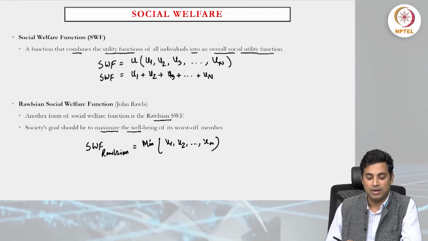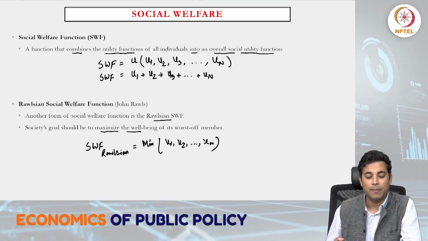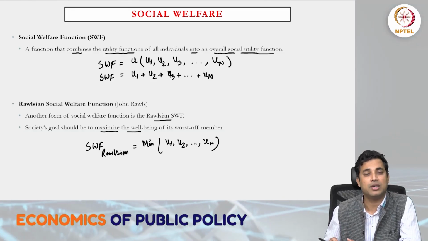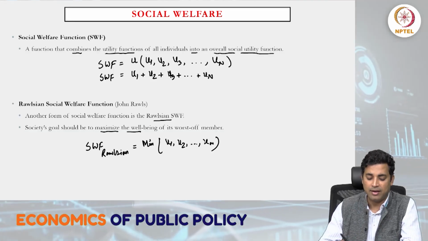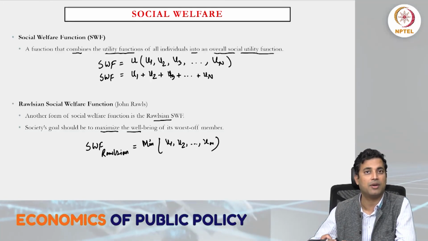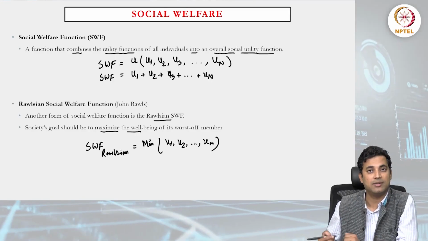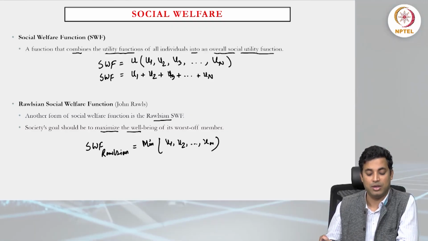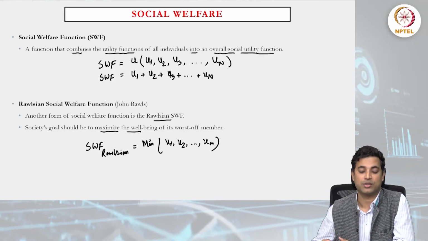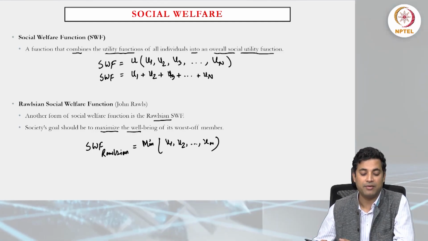That is the Rawlsian way of defining social welfare functions, whereas the general social welfare function is basically the summation of the utility of all the individuals in the society. In the case of Rawlsians, if we draw from the idea of Pareto efficiency, it is basically the utility of the worst-off members of the society. Consider them, and then automatically there will not be any further cost involved there.